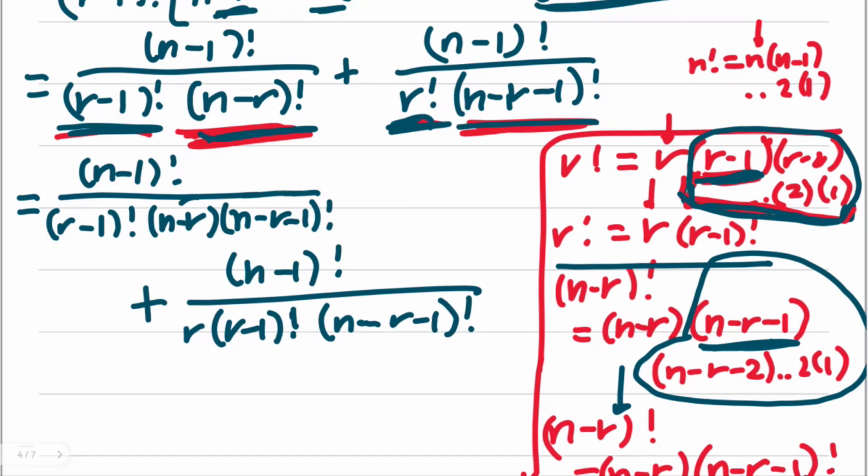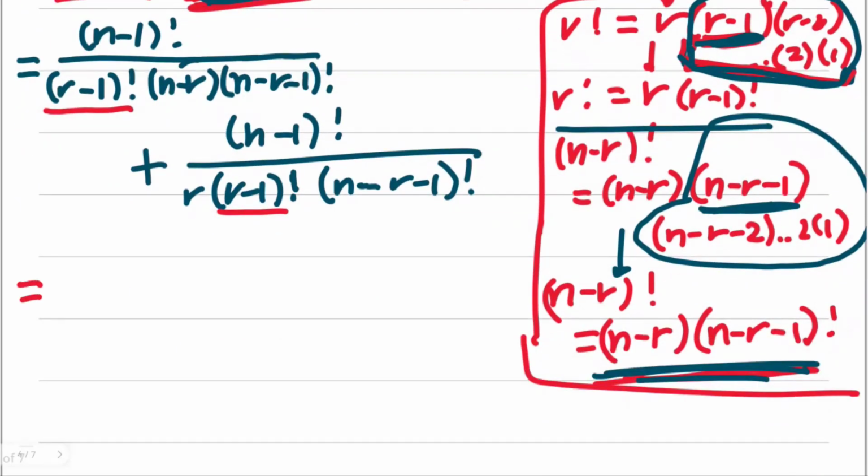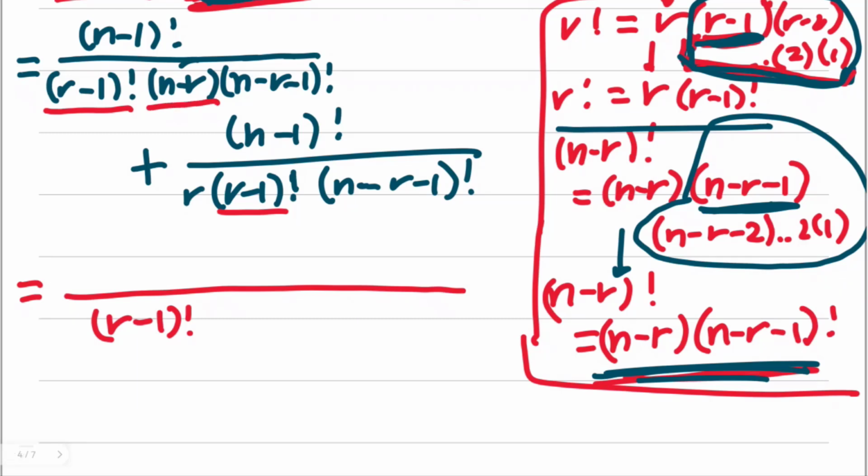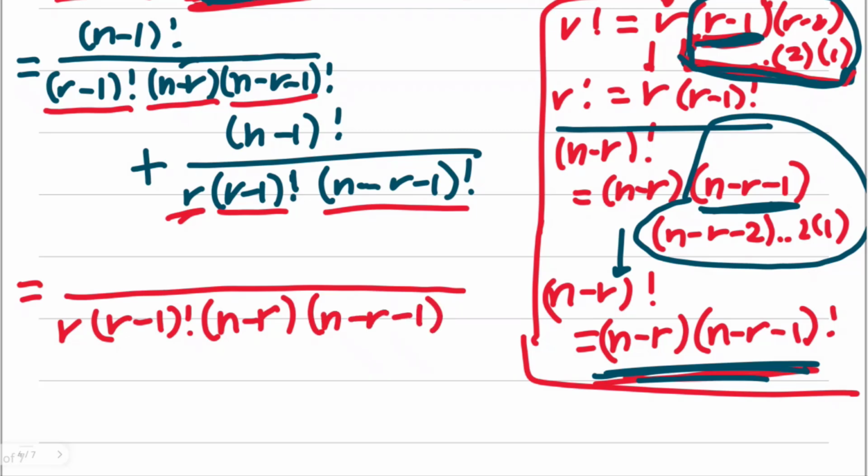We did this because for the LCD, we know that coming up with the LCD, we need to look at the factors of our denominators. You have r plus 1, r plus 1. That would mean in our LCD, we still have r minus 1 factorial, right? That's part of the LCD. Then you have n minus r, and you have this as part of your factor, n minus r minus 1 factorial.